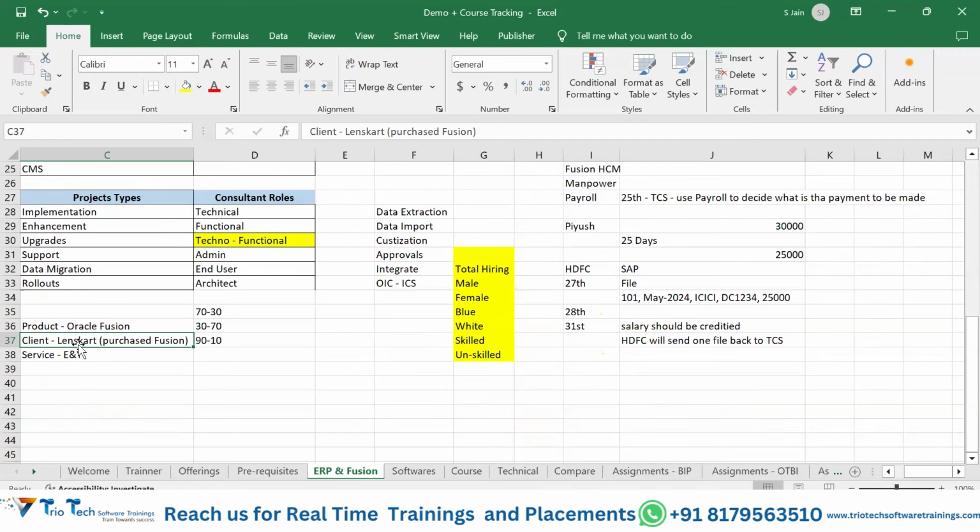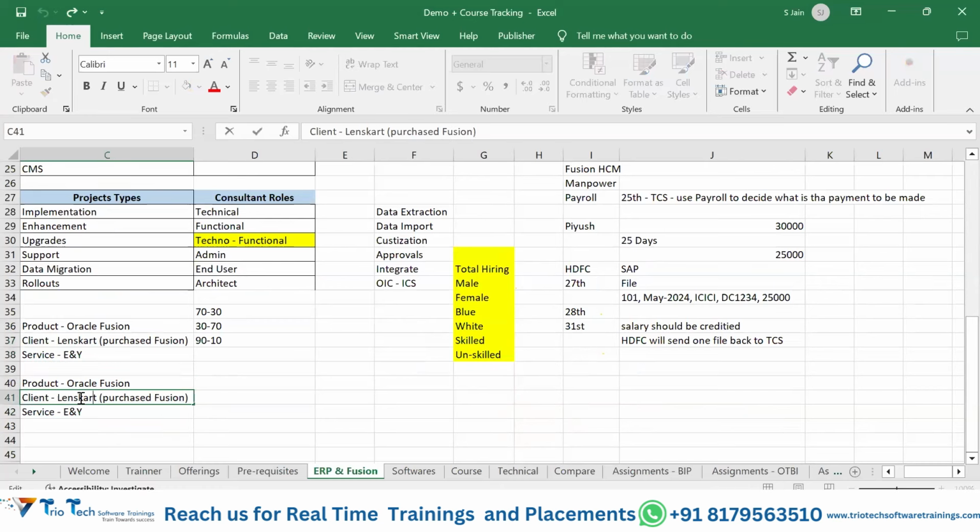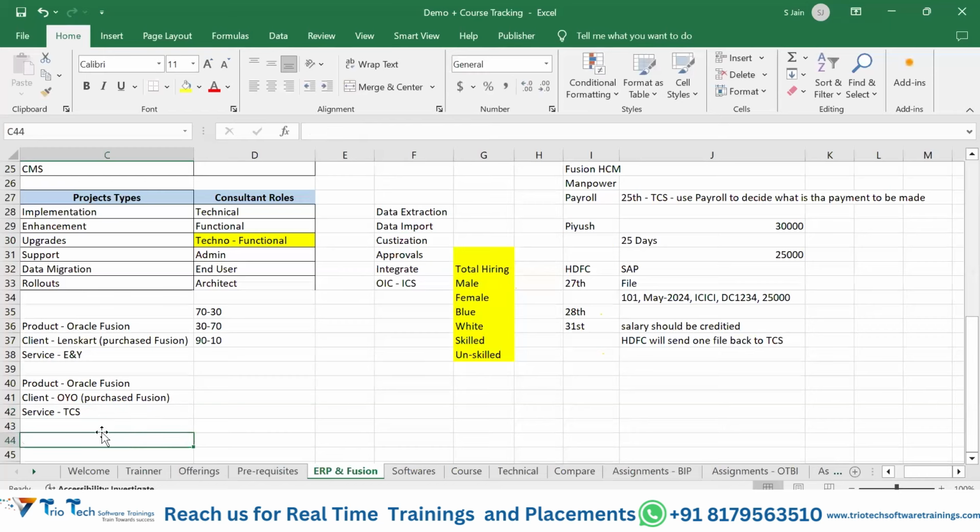Like suppose, guys, Lenskart will say that, okay, I'm going to give 6 months of maternity leave to my employees. There is another company that is also purchasing a software. Maybe Oyo Rooms has purchased this software. They may choose maybe EY, or they may choose TCS as their implementation partner or service provider.